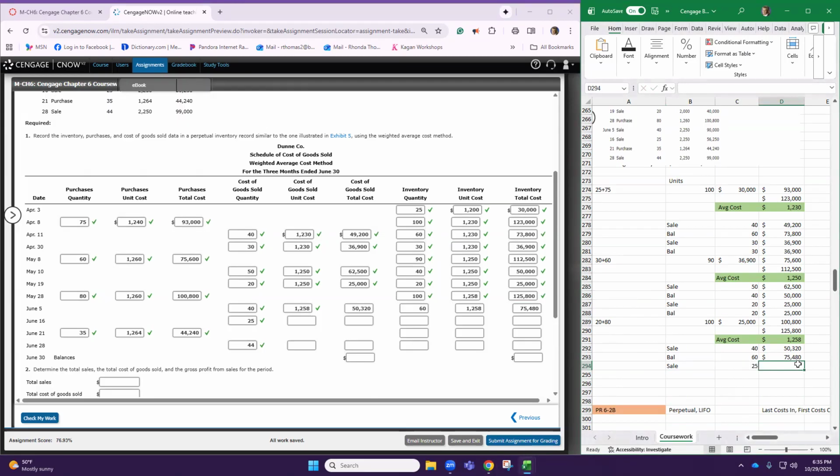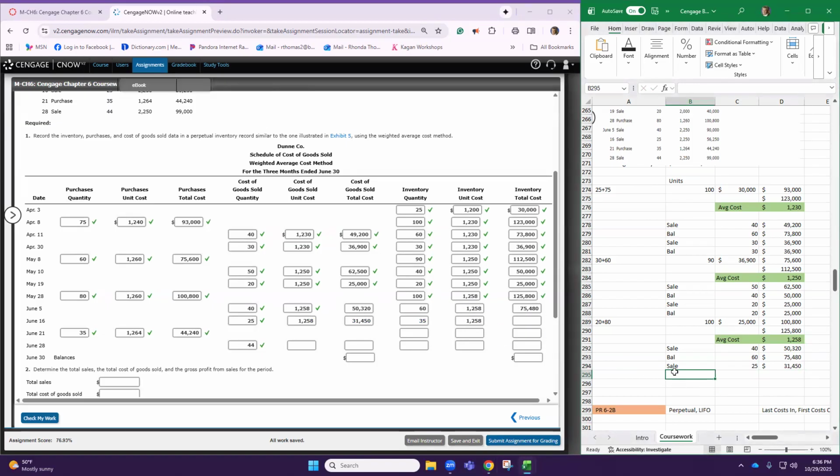We're going to take 25 times this 1258. So that is 31,450, and that leaves 35 at 1258 apiece.